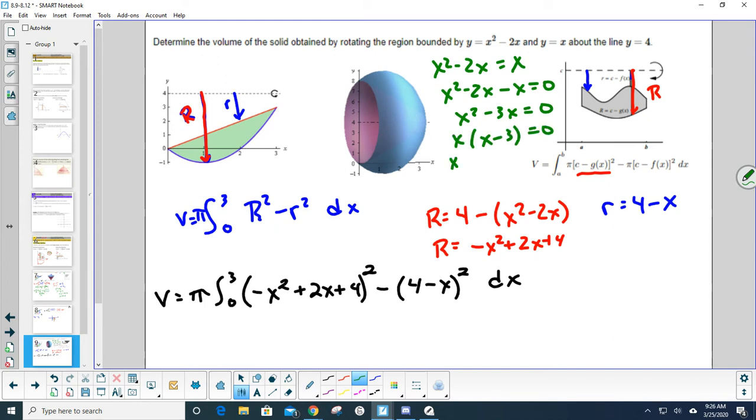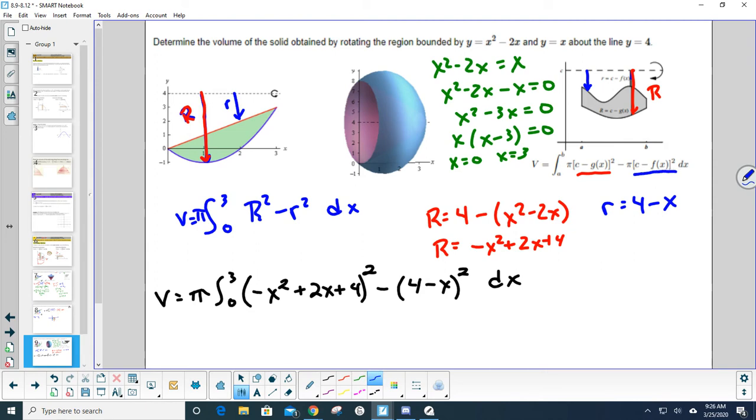So I get x equals 0, and now I get x equals 3. So this part doesn't have anything to do with this part. So find your bounds like how you always would. The only change that does is it changes how big your R is and how big your little r is. That's why I like this little cheat sheet here, because it had everything on it that I needed.